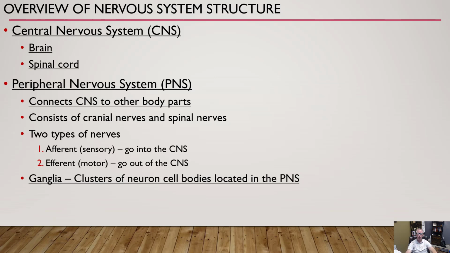And for now, we have two types of nerves. We actually have more, but for right now, we'll just say that we have two types of nerves that we've talked about, sensory nerves and motor nerves. Sensory nerves, also called afferent nerves, go into the central nervous system.